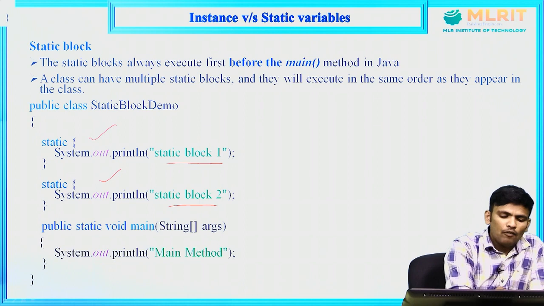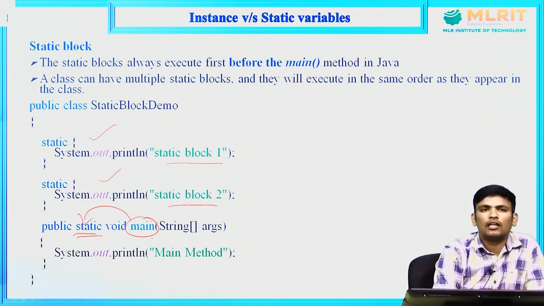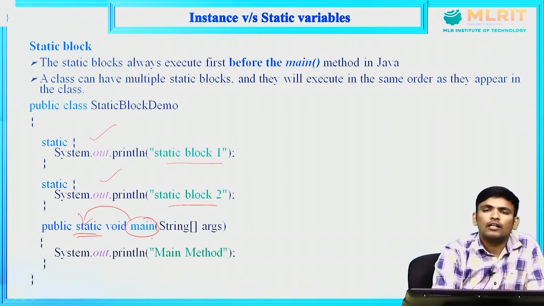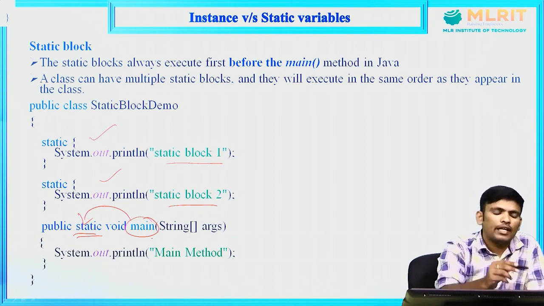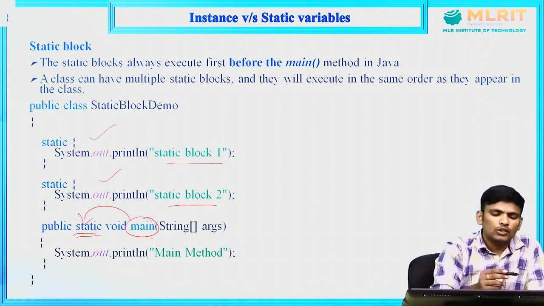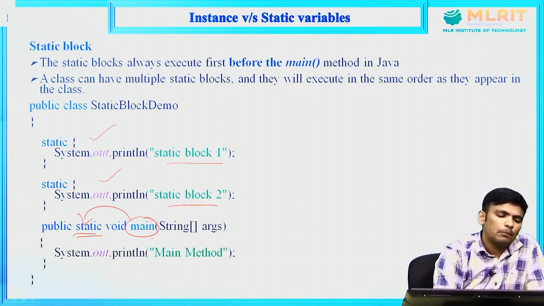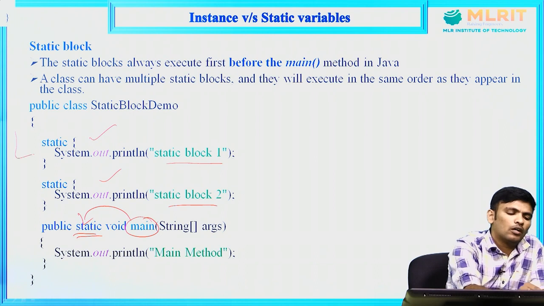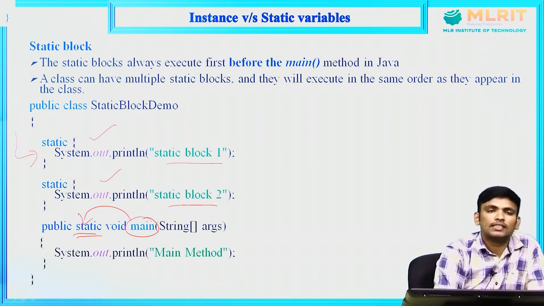And here I have a main method, which also has the static keyword, but compared to static blocks, the main method gets least priority. After the static blocks execute, the main method is executed. With multiple static blocks, they execute in the same order in which you write them.